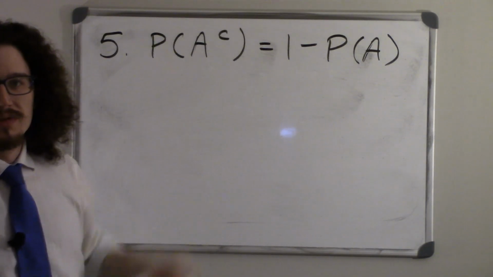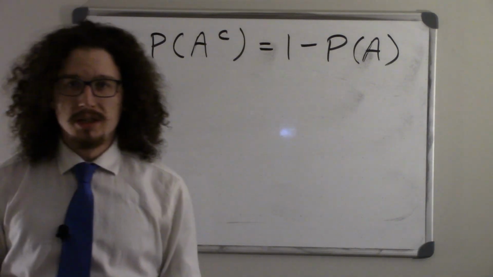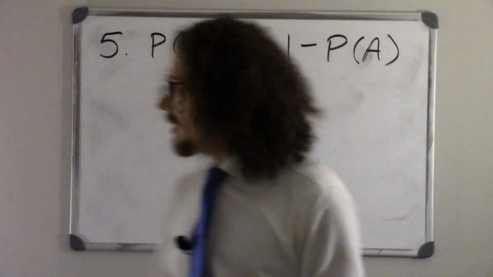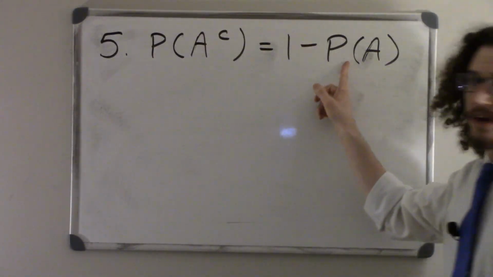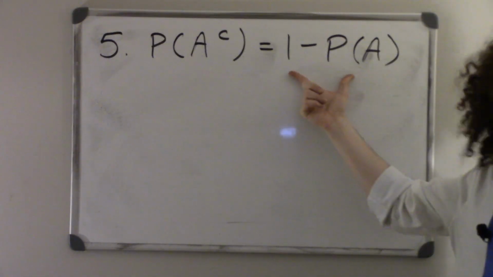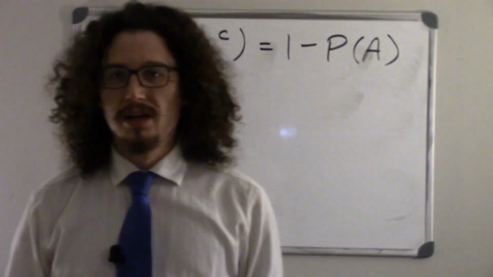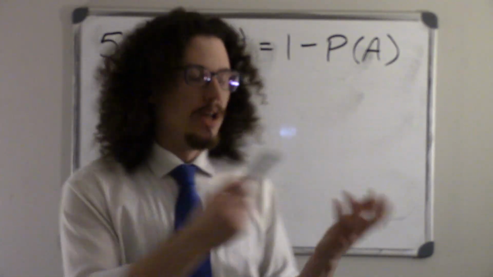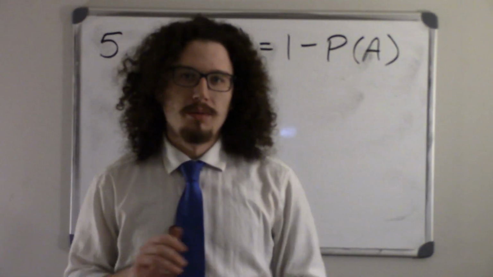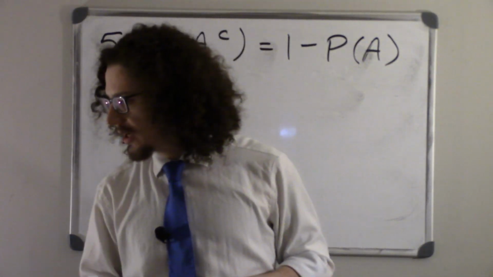Right now it's pretty easy to just find the opposite of what you want, so you're not going to use this very much in this basic probability section. But later on we're going to get to some probabilities where it's easier to find the probability of A than the probability of A complement, so this is just going to be a shortcut. In some cases it's not going to be possible for us to find the complement of A at all, and so we will have to use this law of probability.